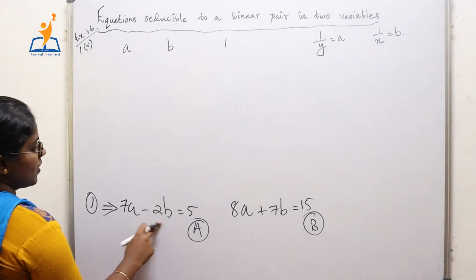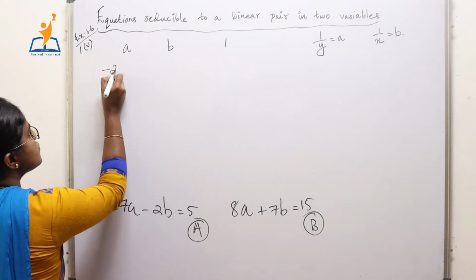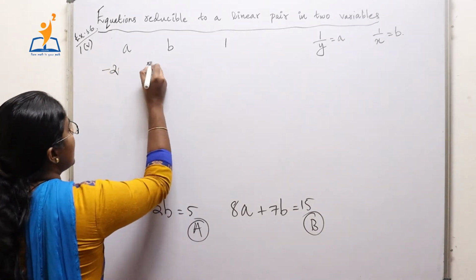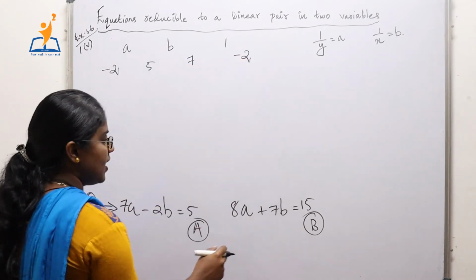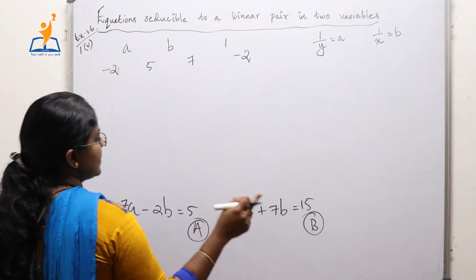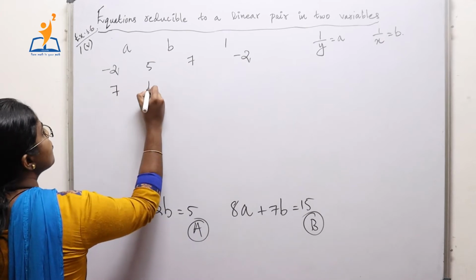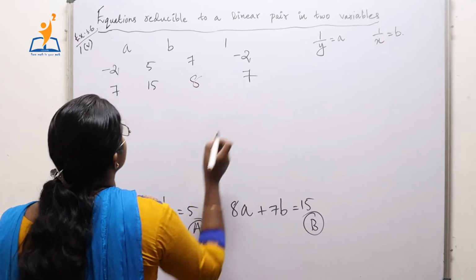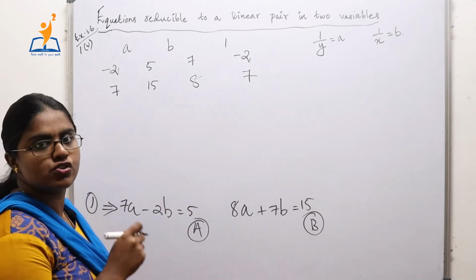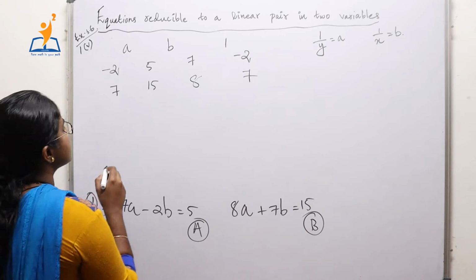Now we will start with the coefficient of b, that is minus 2, again 5, 7 and minus 2. Now here also 7, 15, 8 and 7. This is the diagram we used to solve by cross multiplication method.